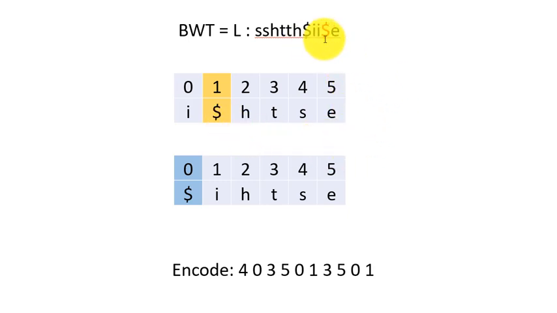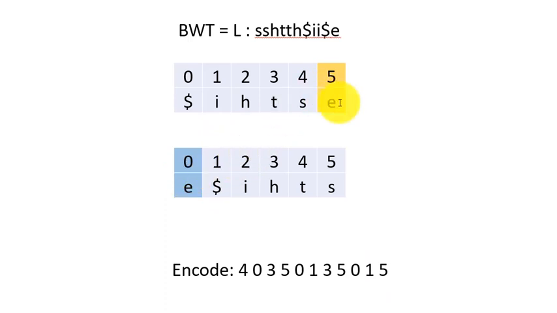As we can see, there are 2 $ signs here, but they're not consecutive. So we need to put the 1 here and then move to the front again. And then the next character is E, so we simply record 5. Eventually we got the encoding with the move to front approach.